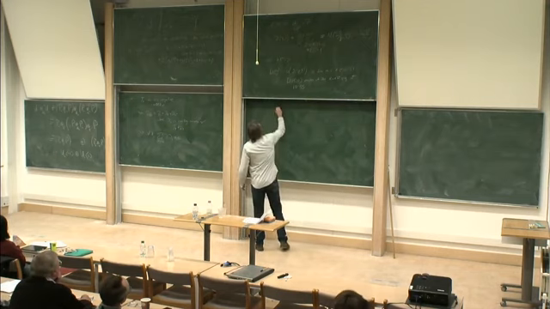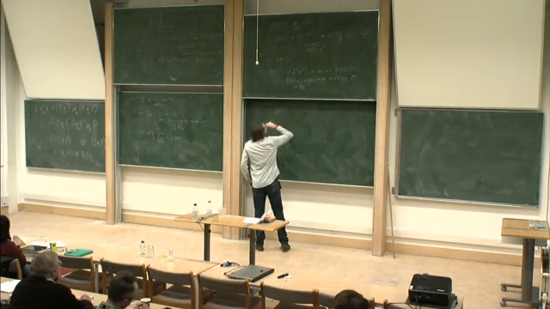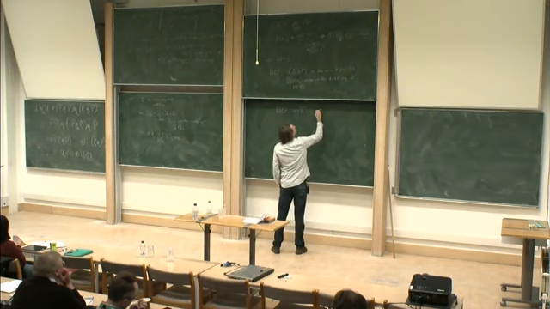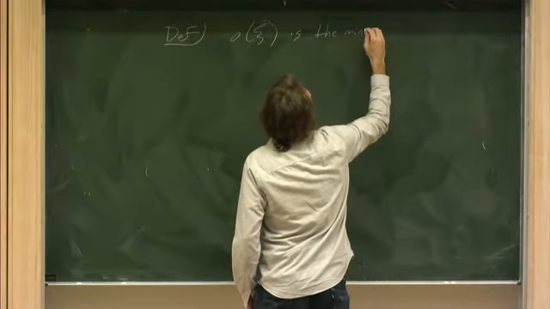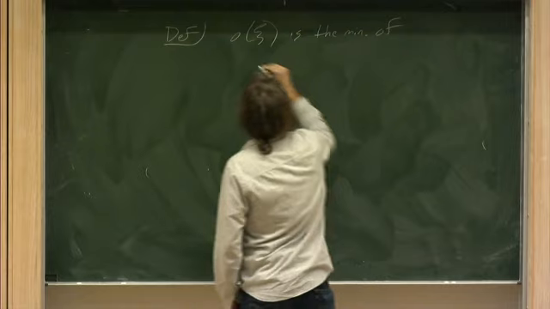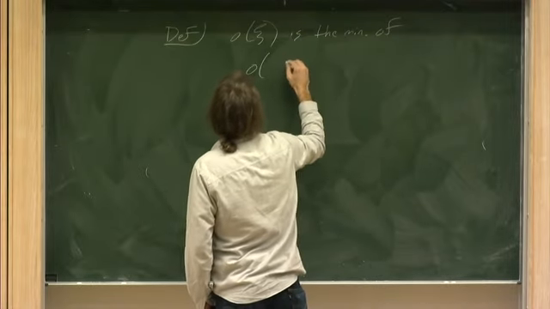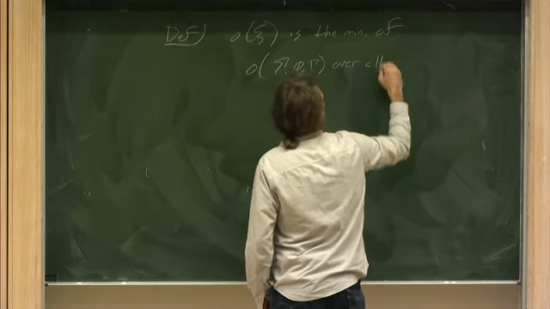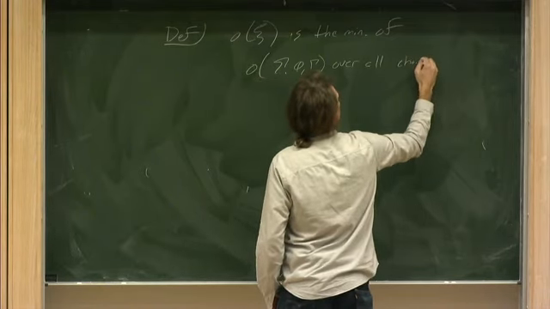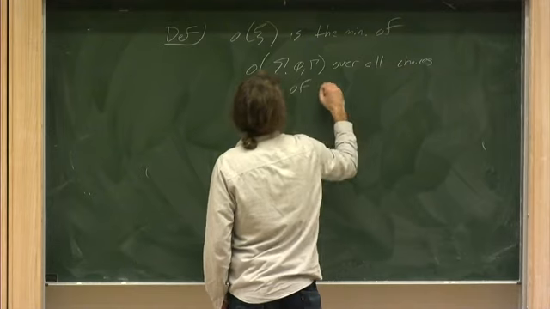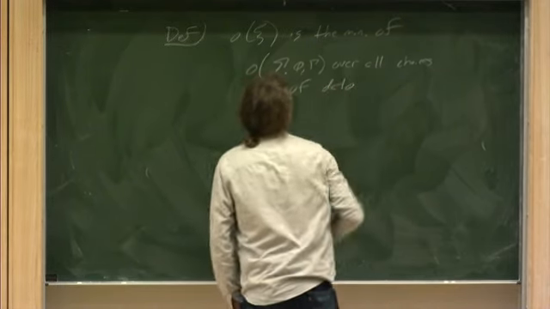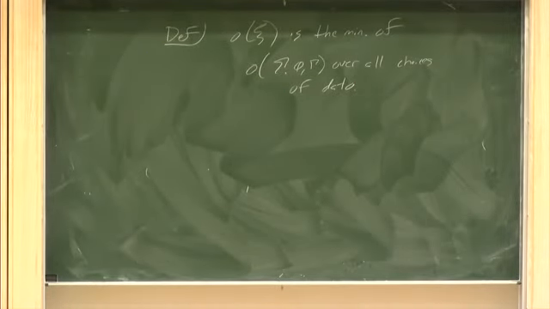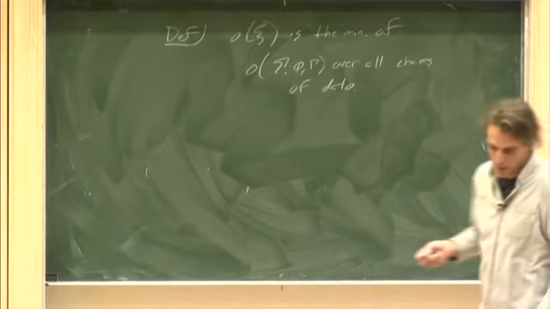So my second definition here: let's say that OC is the minimum of this thing I wrote up there, sigma gamma, over all choices of data. Okay, so it's an invariant of the contact structure, and we can calculate it from an arbitrary open book decomposition.